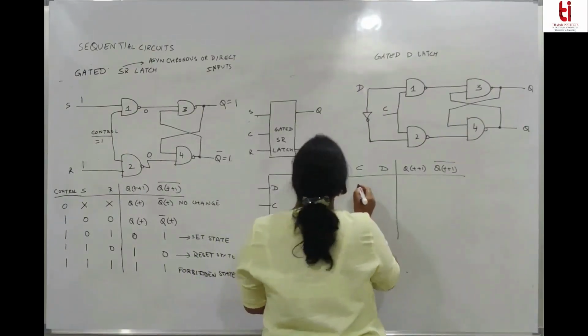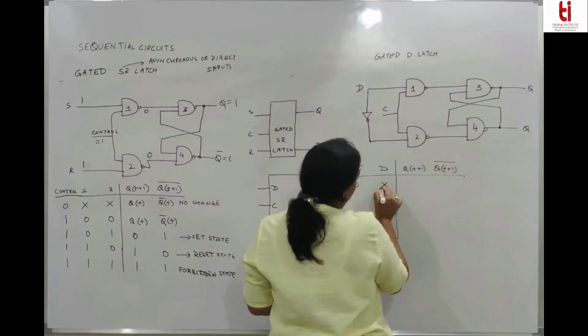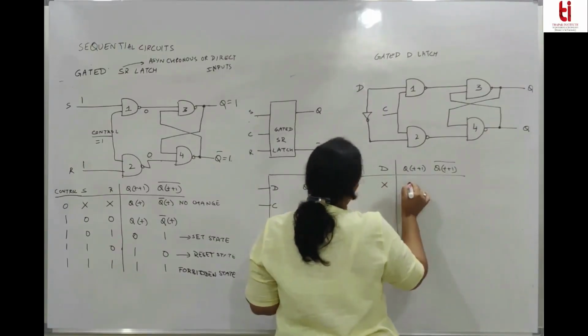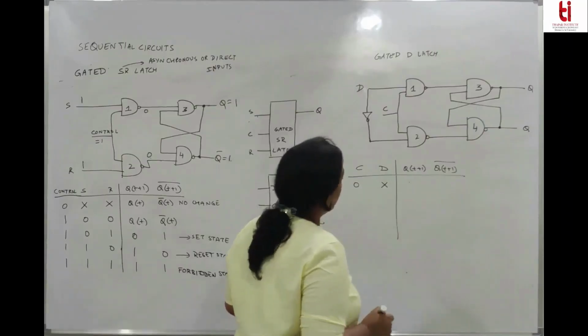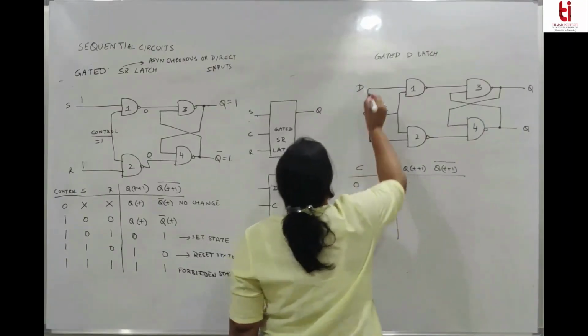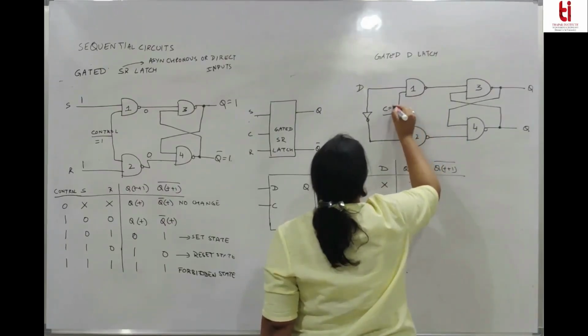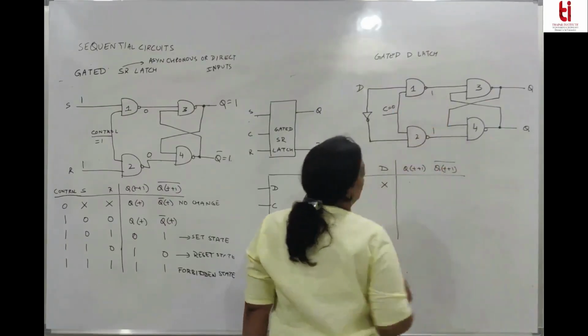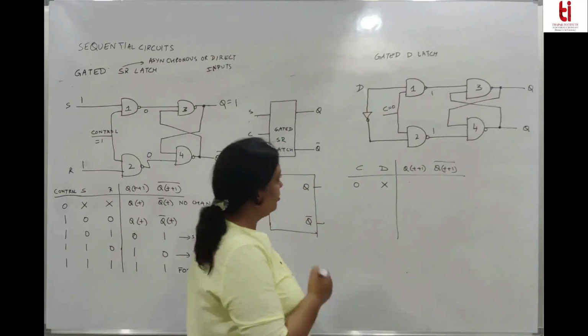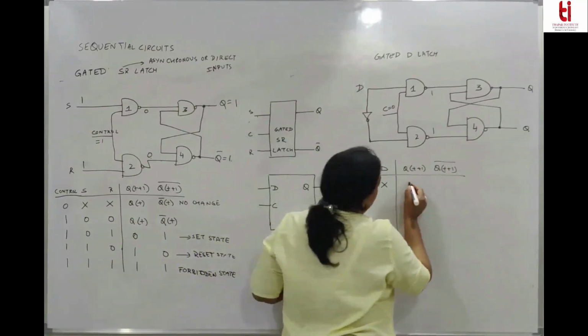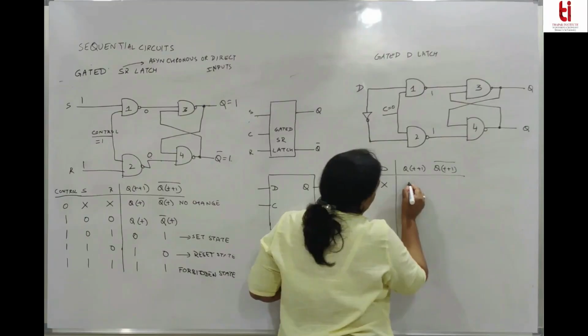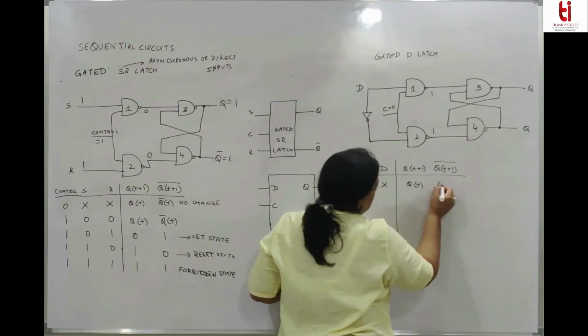If control is 0, irrespective of the value of D, the outputs of the NAND gates will be 1 1, and according to the NAND latch, the outputs are the same as the previous ones.